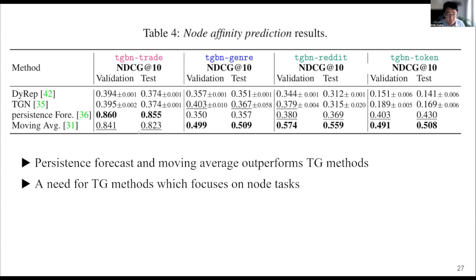Just to give some background, the persistent forecast means that you basically just predict the label that you previously saw at t-1. And the moving average basically takes a moving average of the previous labels. And we see that these two heuristics actually perform really well. And on some of the data sets, like for example the genre data set, TGN has the second best performance.